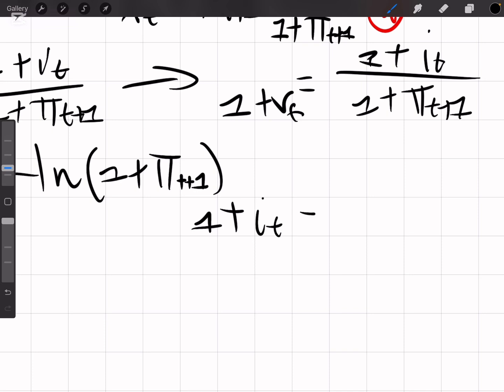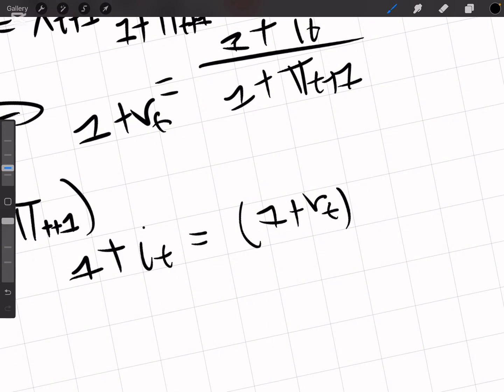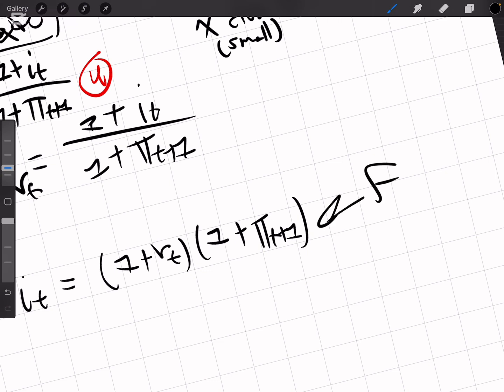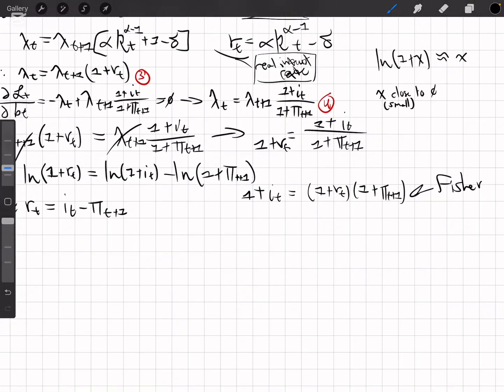And so I think this would be more correct. It would get you full points on your quizzes. But this is the Fisher relationship.